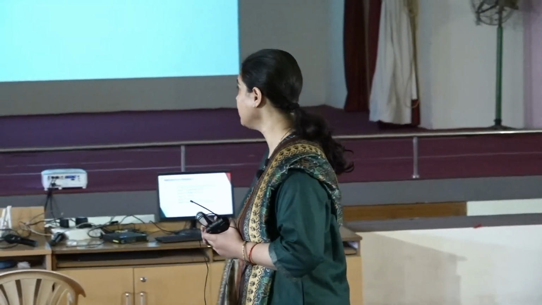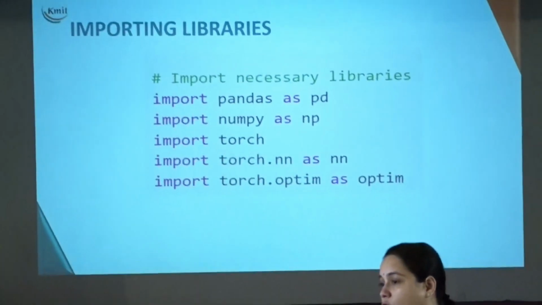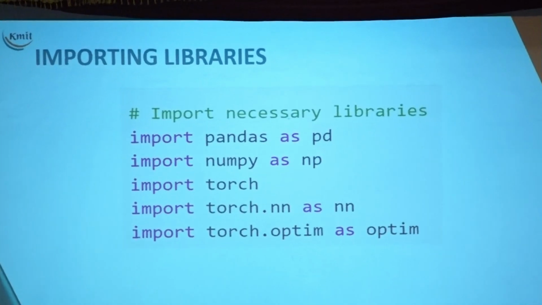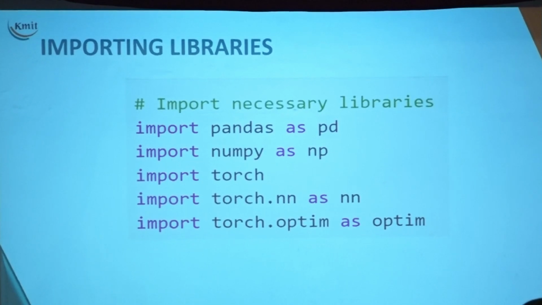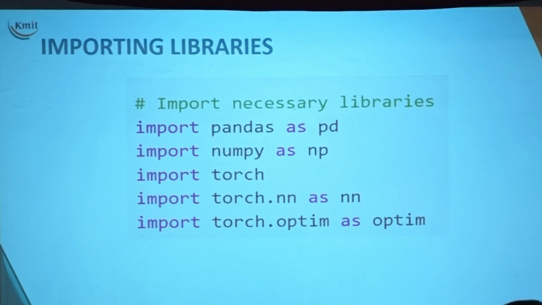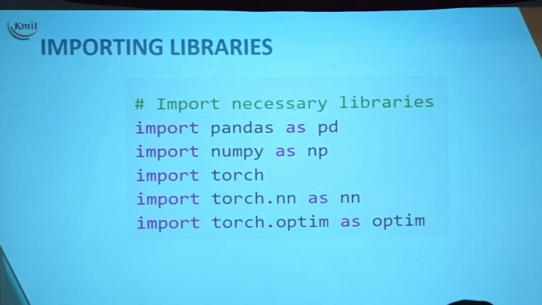Pandas. Okay, so I am importing pandas, NumPy, and PyTorch. I will be working with neural network models, so I am importing the nn library out of PyTorch, and I am also utilizing optimizers from it to get an optimized version of the output using suitable optimizers like SGD, Adam, whatever it is in your model.